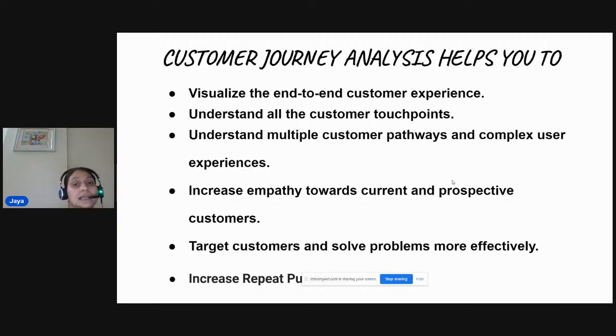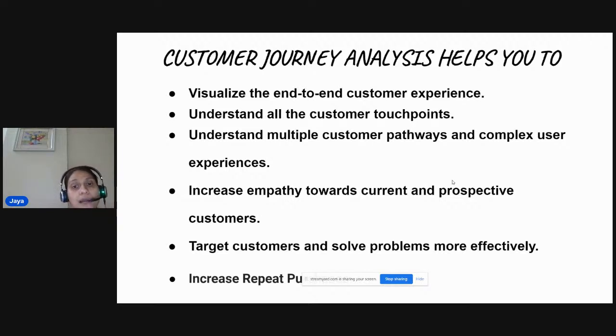You should understand the customer pathways, the complex user experience. Even when the customer is making a request or a complaint, you should be really attentive and understand what the customer actually wants from you.